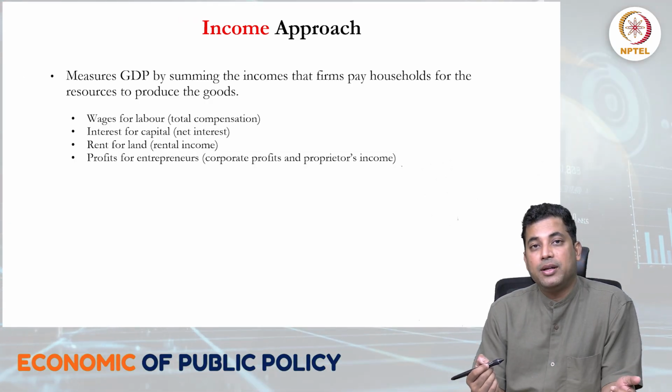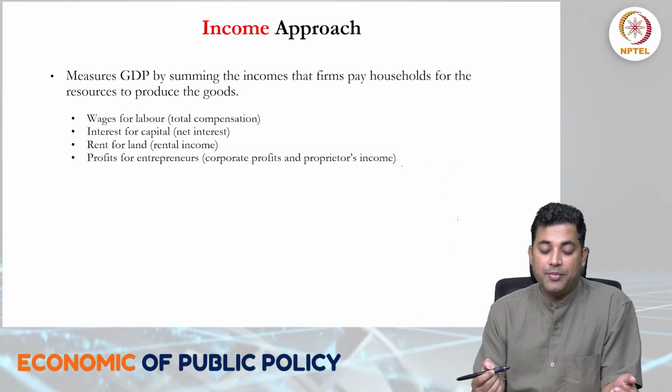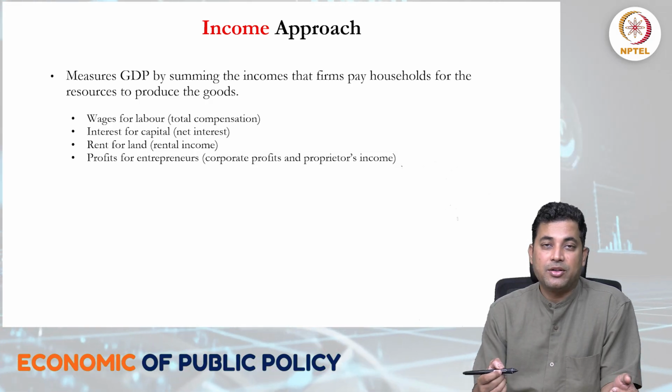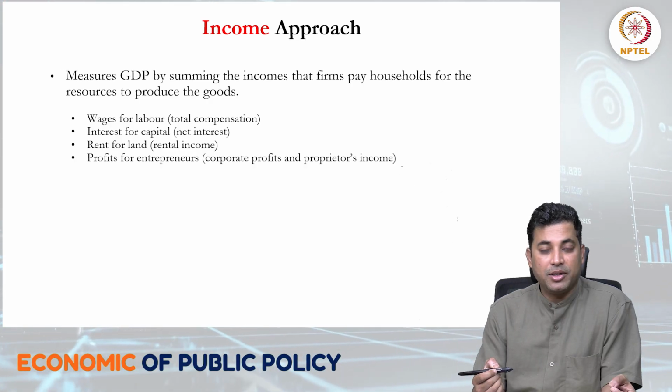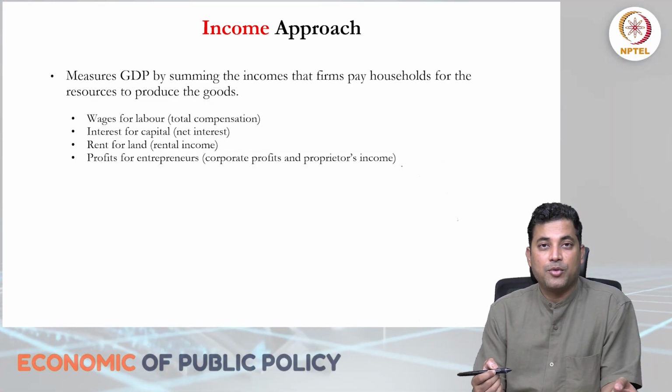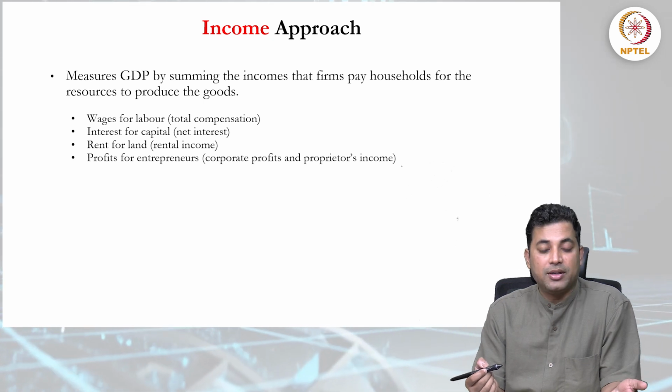Now the fourth component, which we did not mention in our last lecture, though we briefly spoke about it, is the entrepreneurs or the organizations. For entrepreneurs it is the profit.